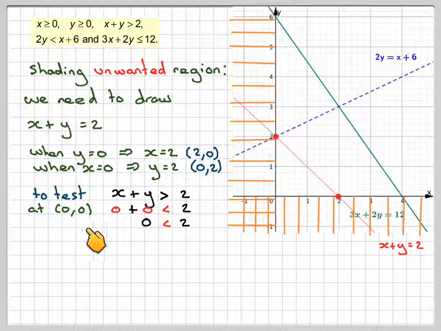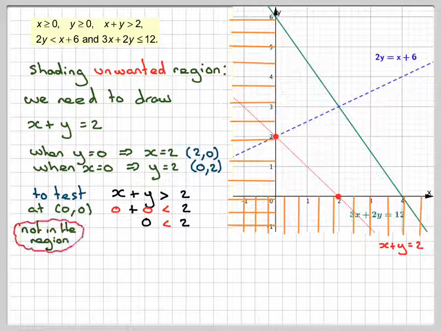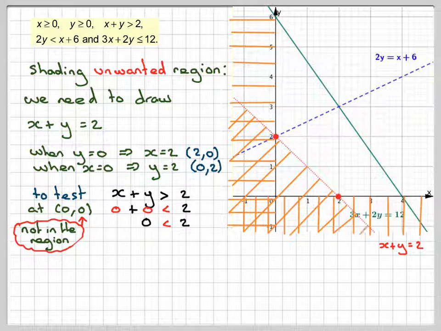So the point 0, 0 is not in the region, as the inequalities don't agree. Therefore, as we're shading the unwanted region, we shade this side of that line. Now you ignore any other shading that you've done and just consider the line independently, so we shade this bit here. Then we have to do the same for the other two.